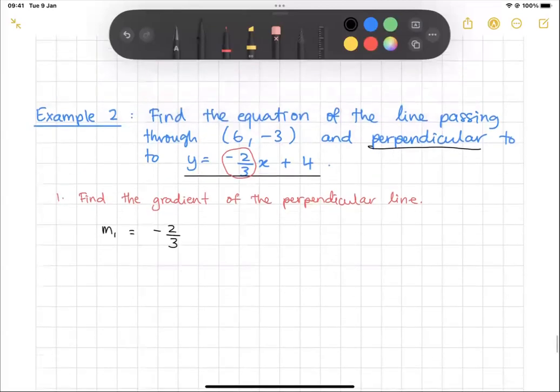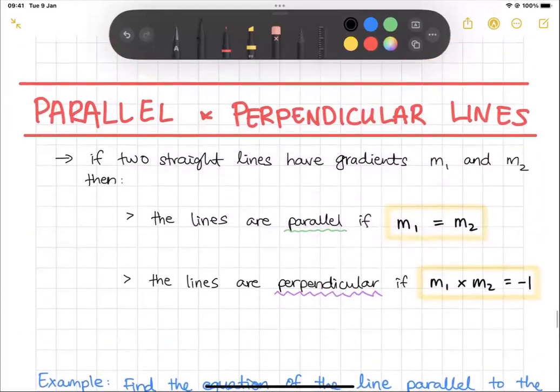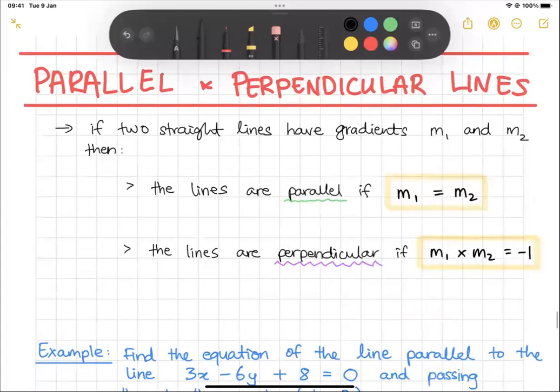I'm going to scroll up here just to see what my formula is. For two straight lines to be perpendicular, m1 times m2 should equal -1.